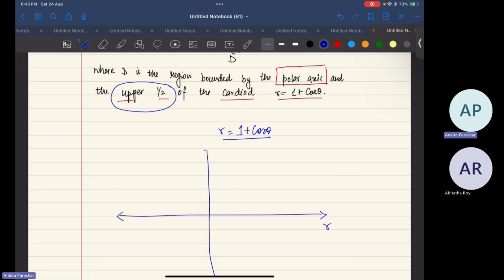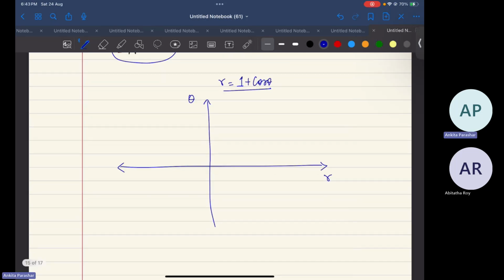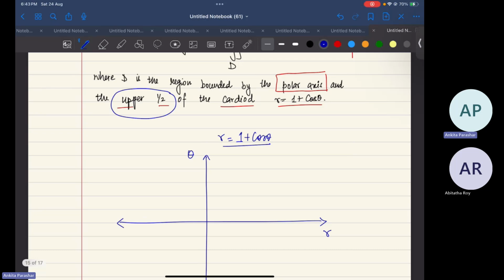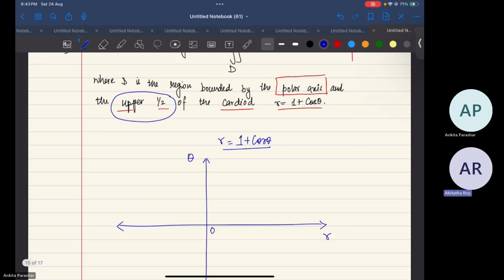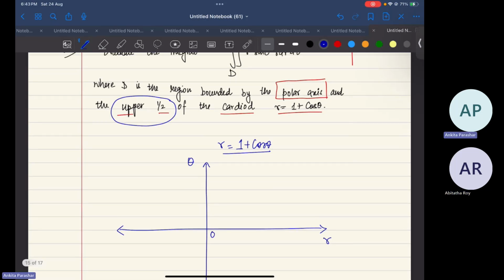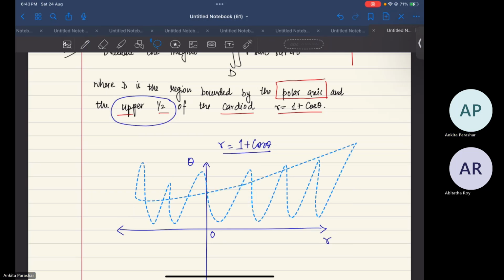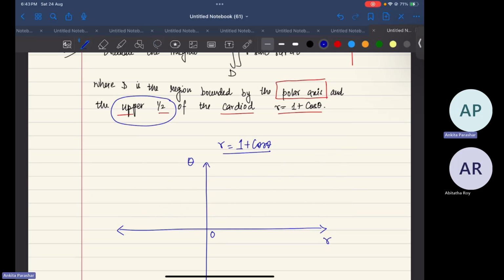Suppose this is my r, this is my theta, the polar axis. What is the upper half? The first and second quadrants. So this is my upper half. Now I will help you with how to draw certain kinds of graphs.